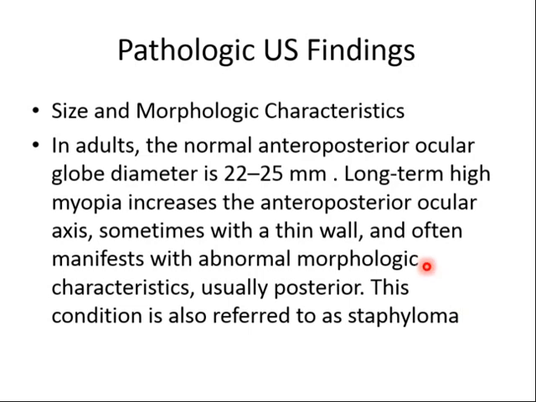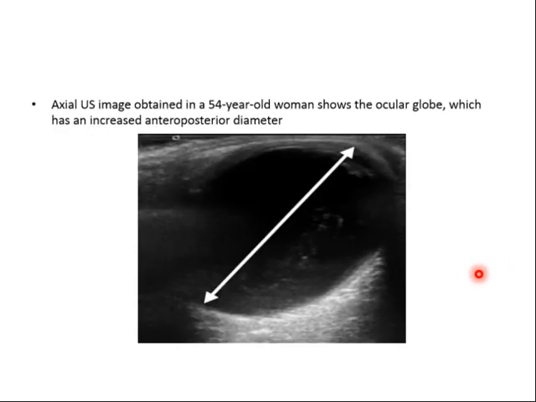But in cases of long-term high myopia, there will be an increase in the anteroposterior diameter of the ocular axis. This results from the stretching of the sclera, also called a thin wall. And here, as in this case, we see the anteroposterior diameter is increased. This is a case of myopia.